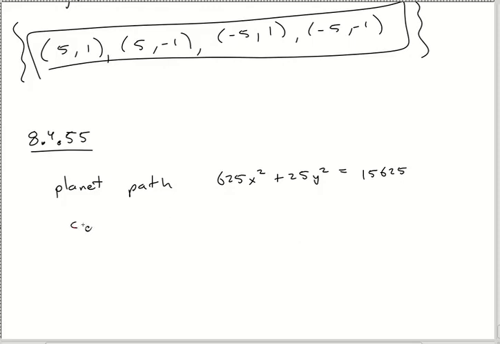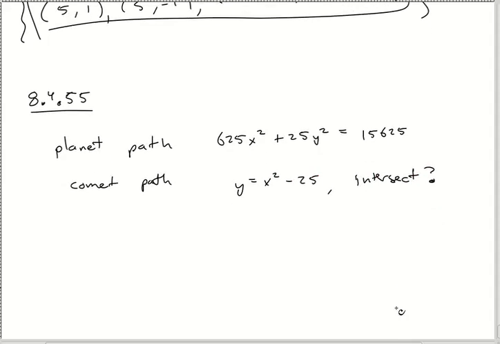And then we have a comet that has a path of y squared equal to x squared minus 25. And where do they intersect? Or where could they intersect? We don't really know if they're going to hit one another. We just want to know when they're in the same path and they have the possibility of hitting one another.